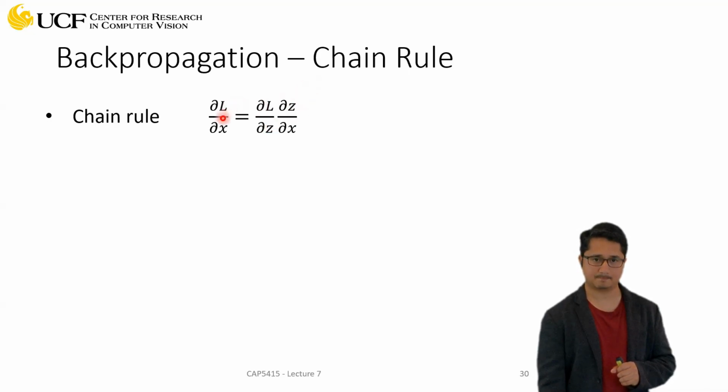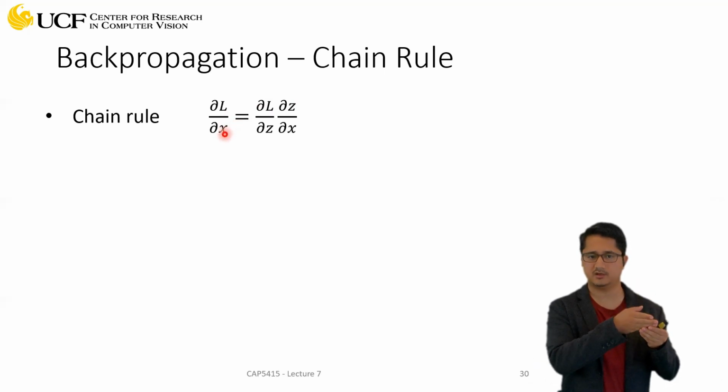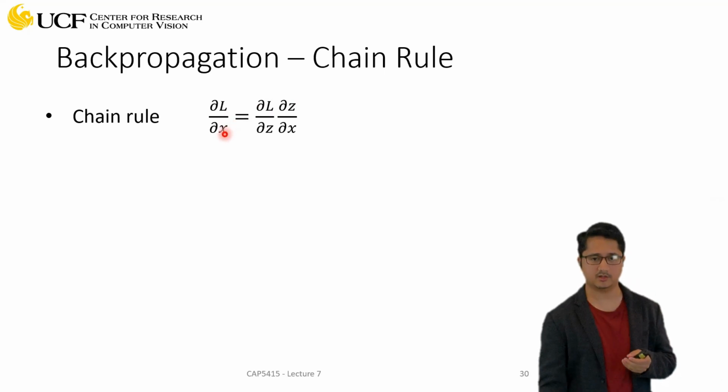Now, if you think about the neural network, let's say x is some variable inside your network, and that variable is connected to z, and z is connected to the loss function, right? If you want to compute the derivative of some intermediate variable or a weight in your network, you can make use of this chain rule.